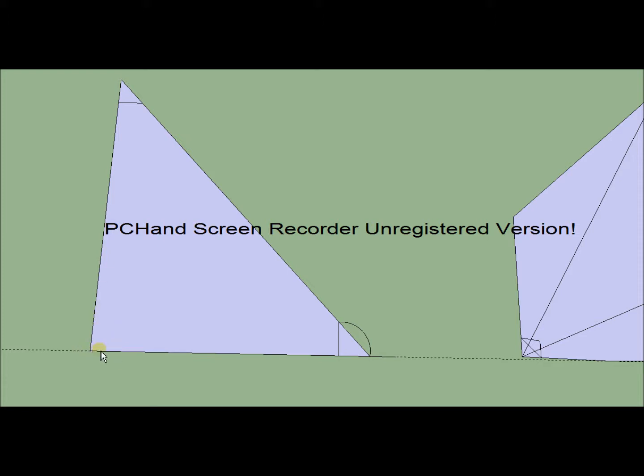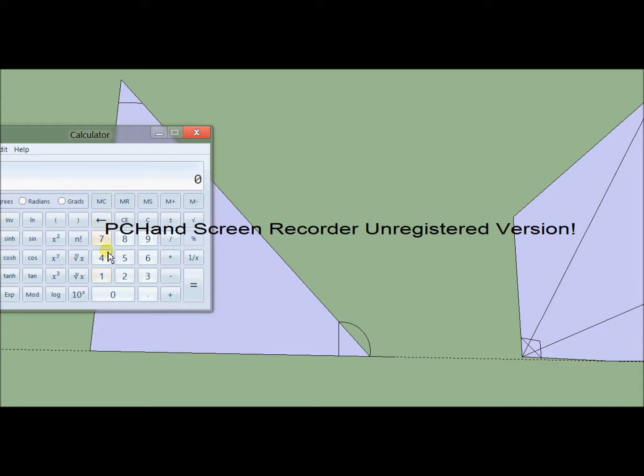So we pull up a calculator. It is 135 times 2, because we add this one up here, times 2. And then since this is 90 degrees right here, we add 90.